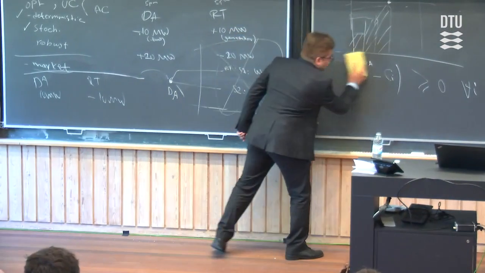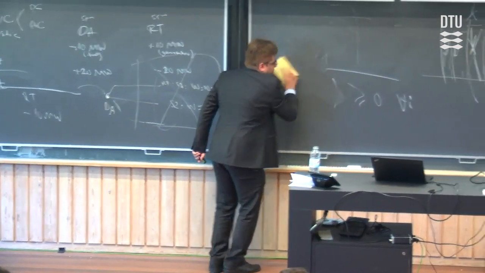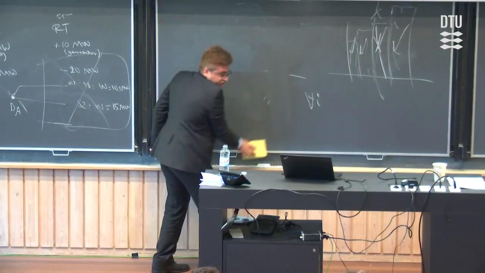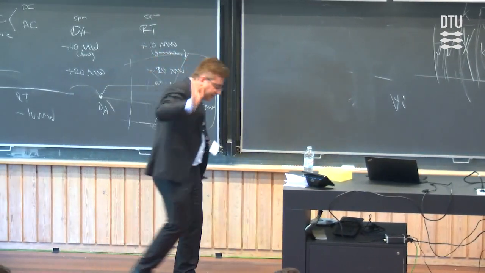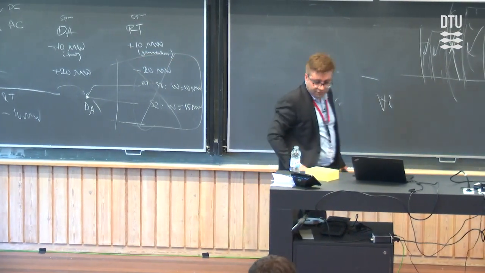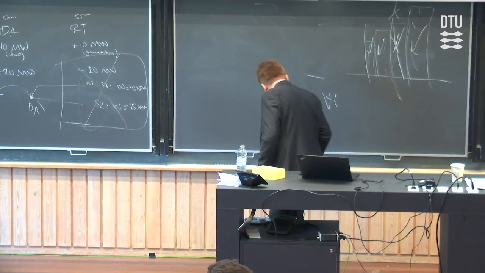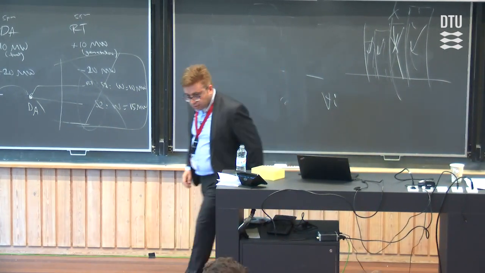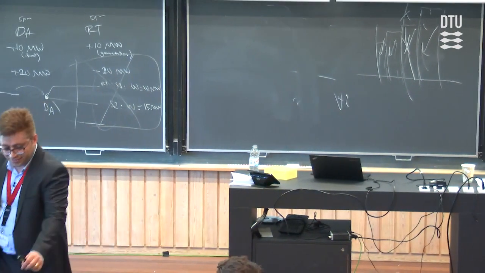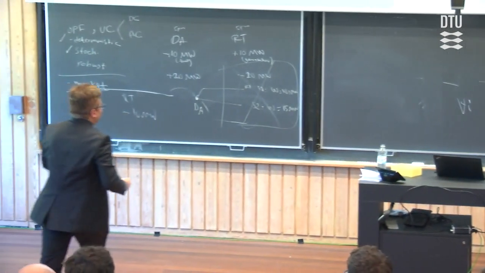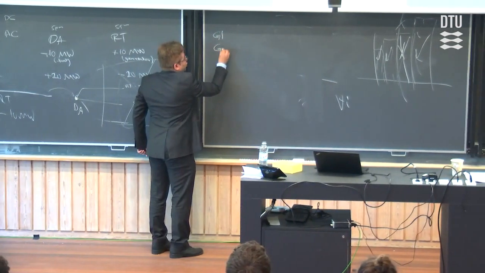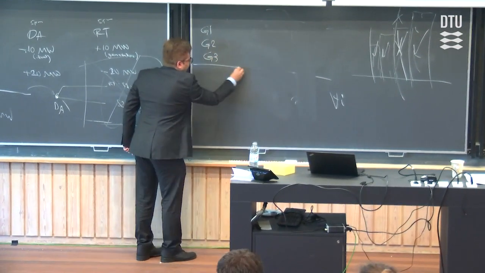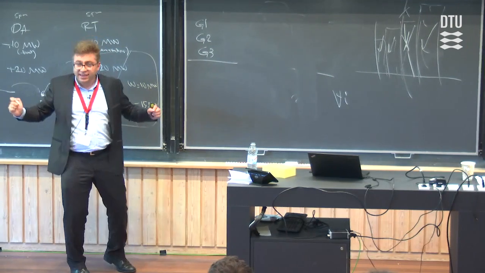Let me give you an example. Maybe this is clarifying, and then I'll answer the questions. Assume that this participant is not a virtual bidder but a generator, which we will call a self-scheduler. Assume that I have three generators, G1, G2, G3, and they participate in the market.